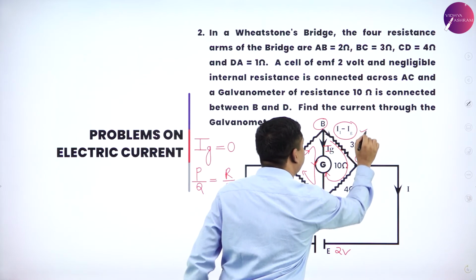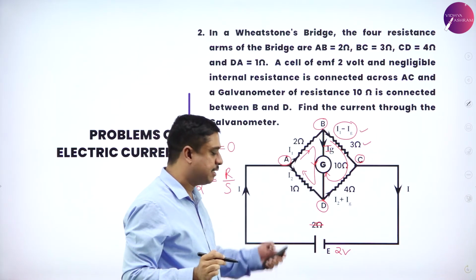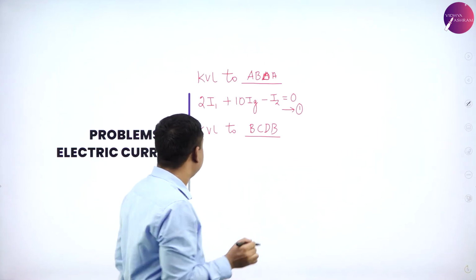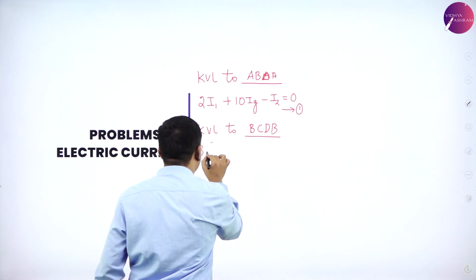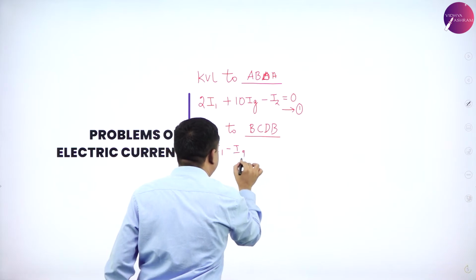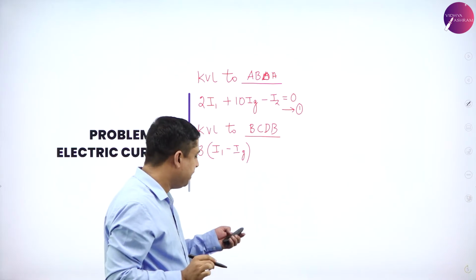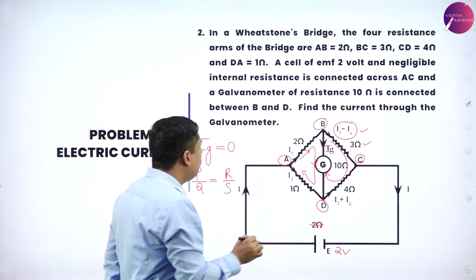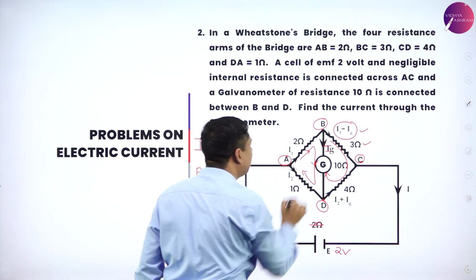So, product of current and resistance is positive. So, we have 3 I1 minus Ig. Now, what about Ig now?